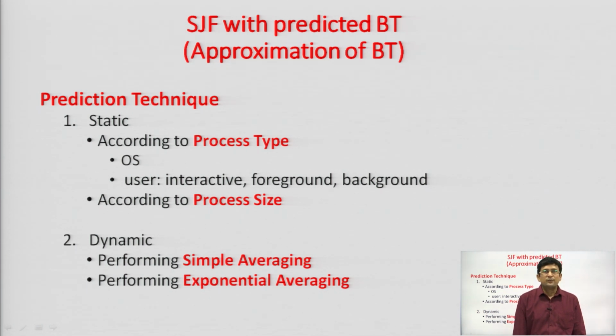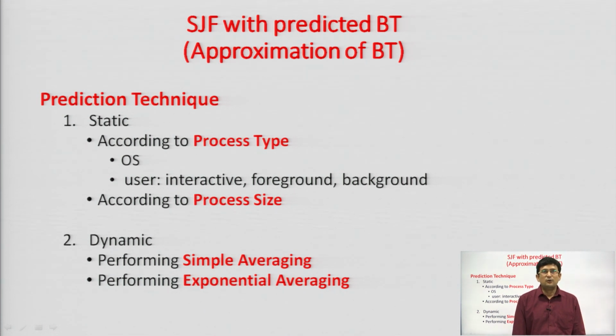Static means we have certain features associated with the process, and those features may be the process type or process priority or the process status. So, we should predict the burst time based on their nature.